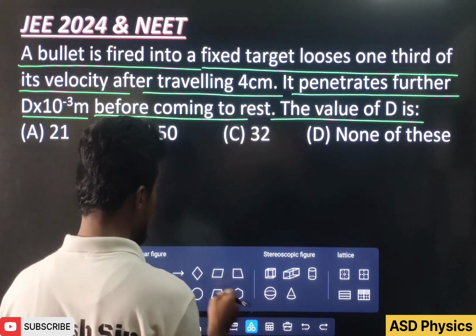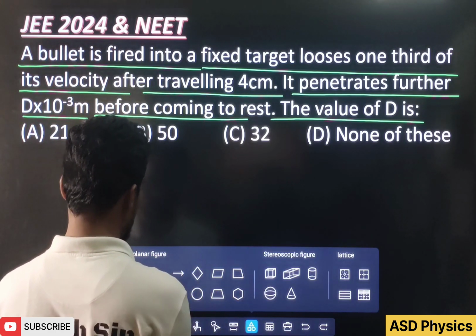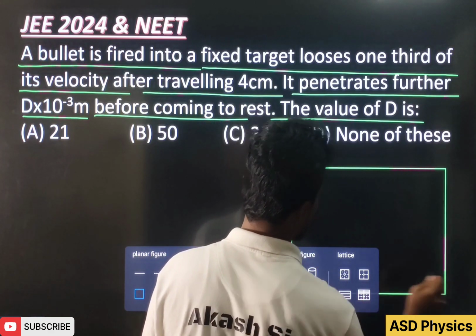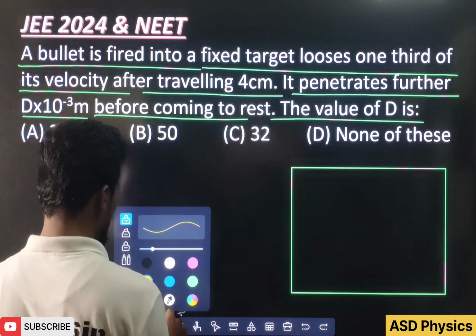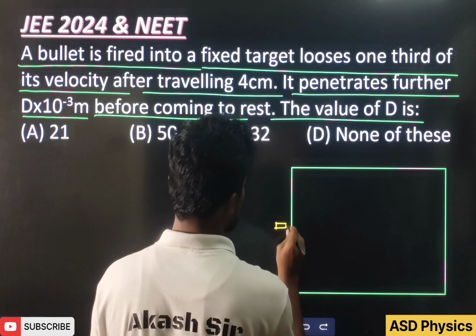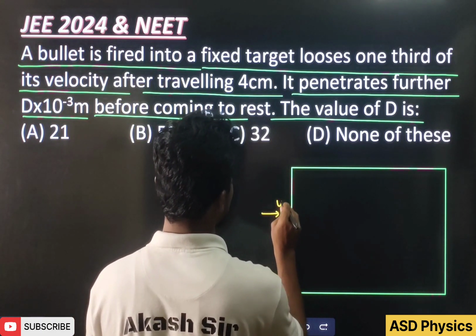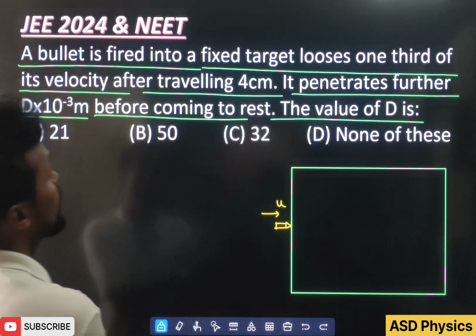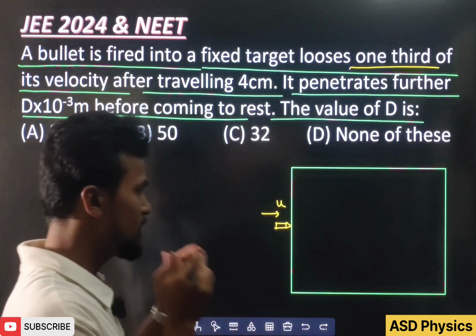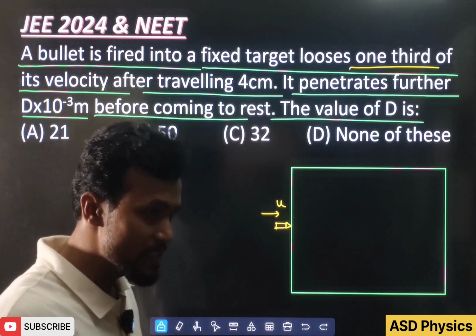Okay, so I will just draw one target like this. Now the bullet is going to enter with velocity U. Losing 1/3 means if the velocity is U, U by 3 is lost.